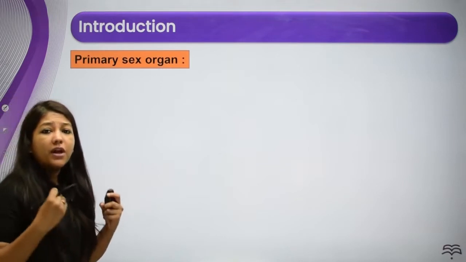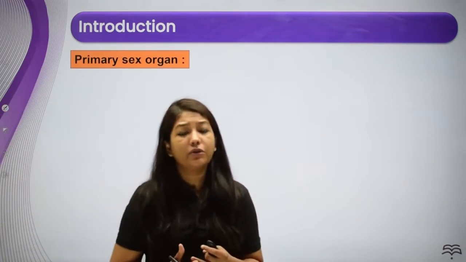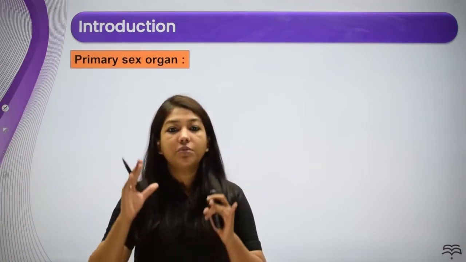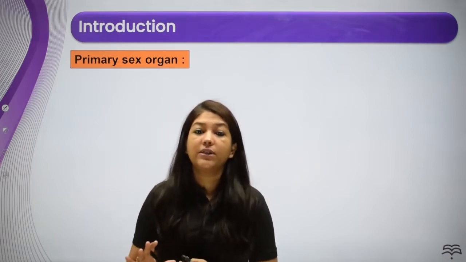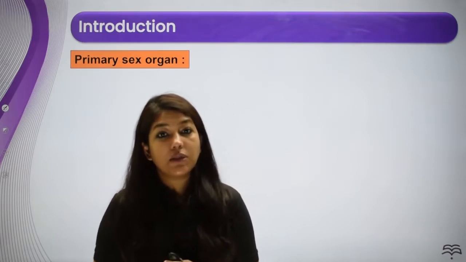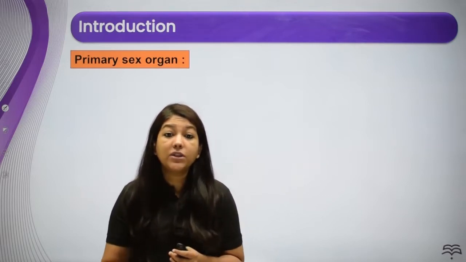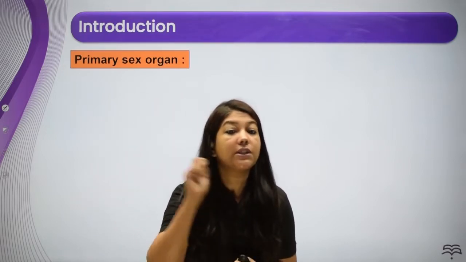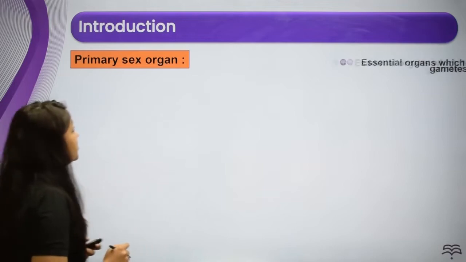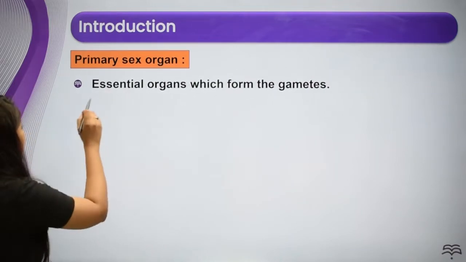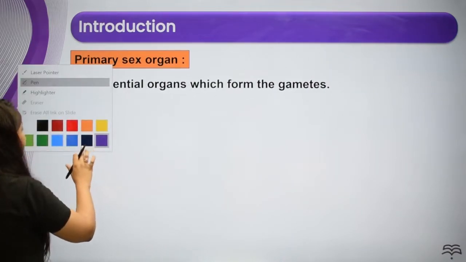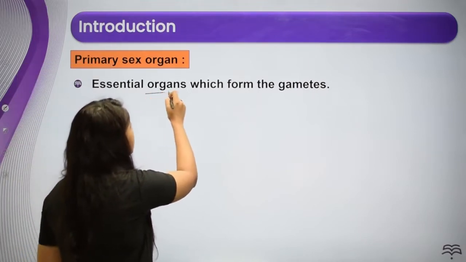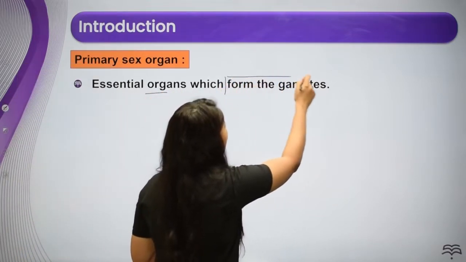Now, a little bit of introduction about the organs. So here we'll be talking about primary sex organs and secondary sex organs. What are primary sex organs? Primary sex organs are the ones where gamete formation is happening. Okay? So let us understand this. Primary sex organs, what are they? Essential organs which form the gametes.